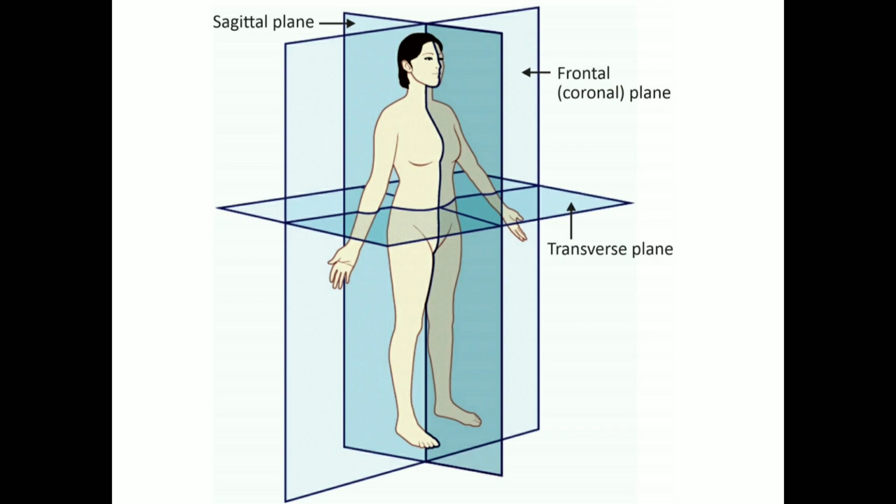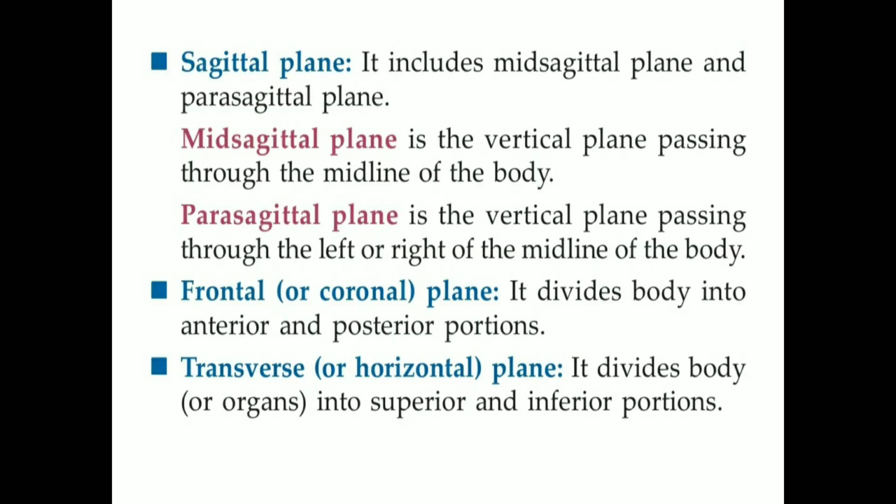There are imaginary planes passing through the various planes of the body, which may include the frontal plane, sagittal plane, transverse plane, and oblique plane. Okay. So the sagittal plane includes the mid-sagittal plane and the parasagittal plane.